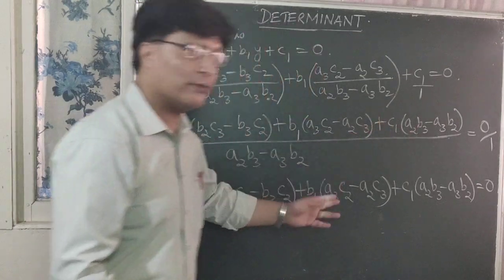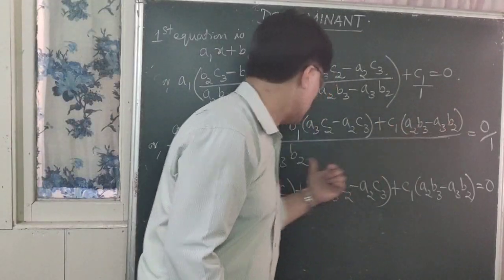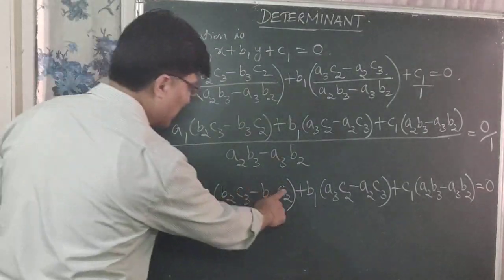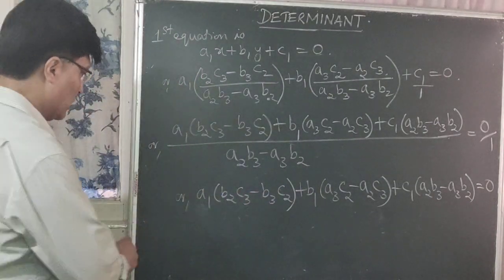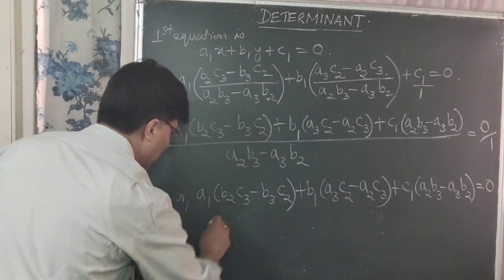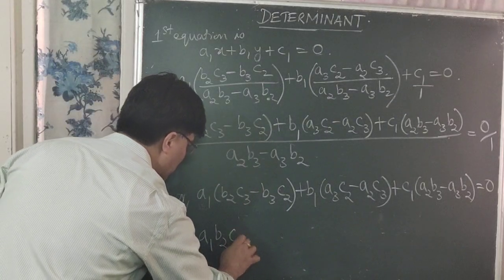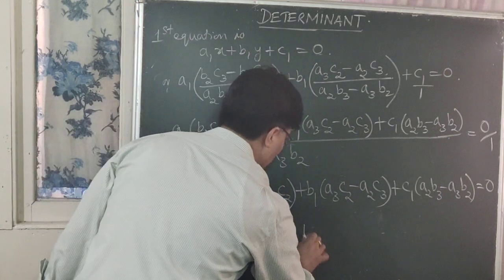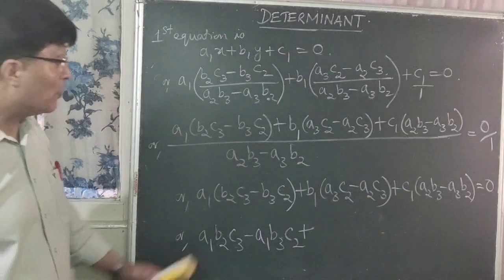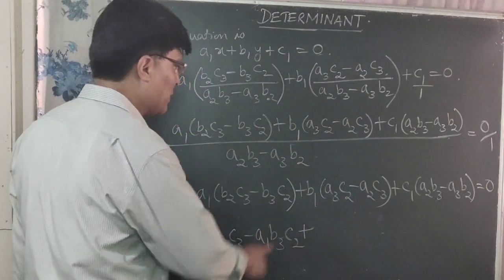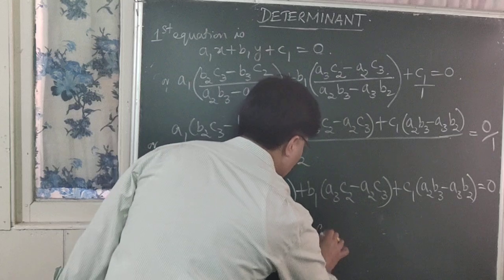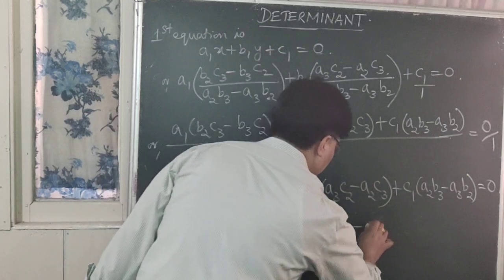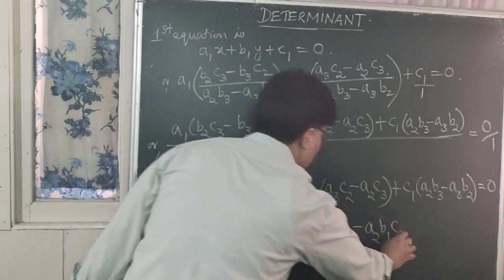First we cross multiply 1, is equal to again 0 cross multiplied. Is it clear up to here? Now we can multiply this also. You know how to simplify it? Multiply by A1: A1 B2 C3 minus A1 B3 C2, plus, now multiply by B1, writing in ABC order: A3 B1 C2 minus A2 B1 C3.